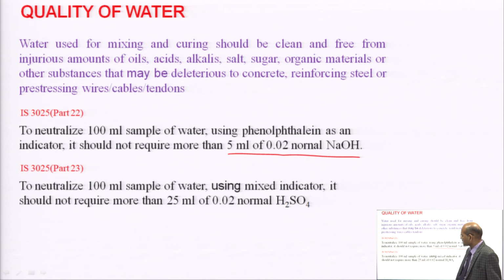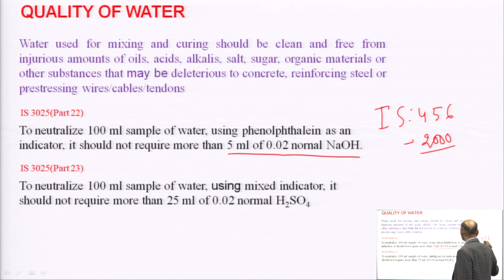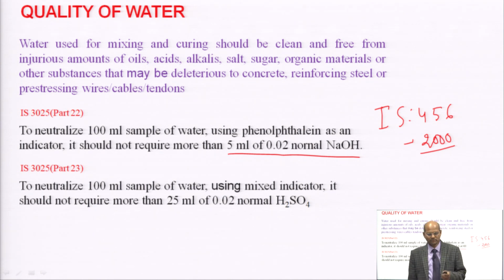Similarly, in IS 3025 part 23, to neutralize a 100 ml sample of water using mixed indicator, it should not require more than 25 ml of 0.02 normal H2SO4. This IS specification is given in IS 456:2000. So, that must be verified.